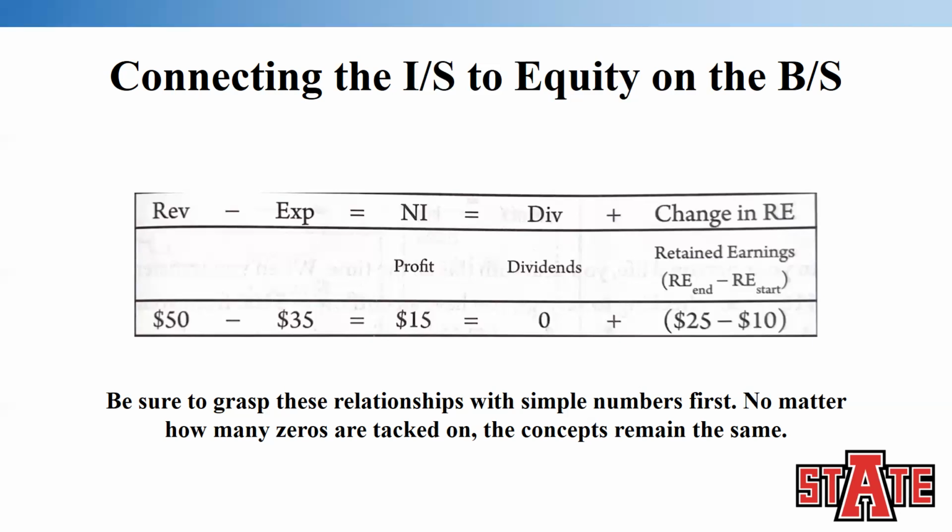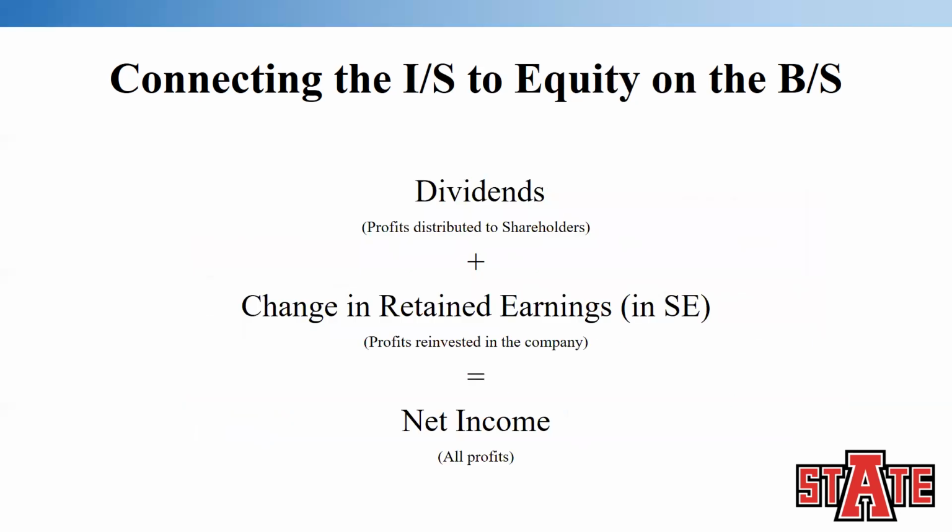I know this example is super straightforward and it comes from the book, but we need to be sure we can grasp these relationships with simple numbers first. No matter how many zeros are tacked on, the concepts remain the same. We have to know that money that trickles down from revenues to net income can go to one of two places: the shareholders in the form of dividends, or onto the company's balance sheet in equity. That's another way of saying this same statement right here.